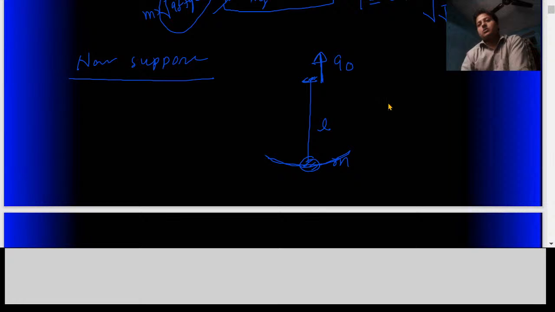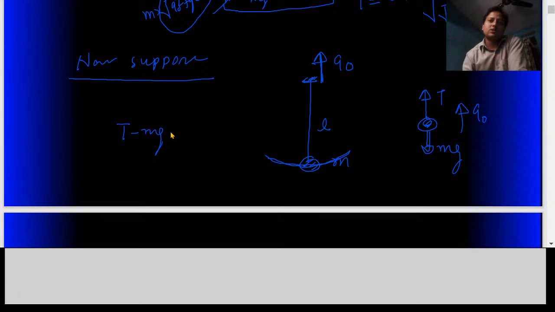By using Newton's law, all forces acting on the bob are T', the downward force mg, and acceleration a0. So using Newton's second law, T' minus mg equals ma0. So T' is m into (g plus a0).